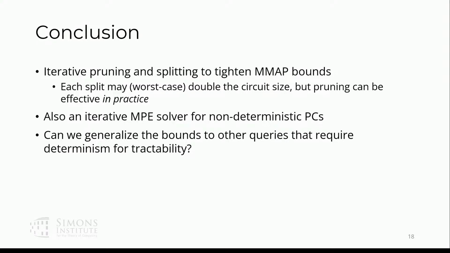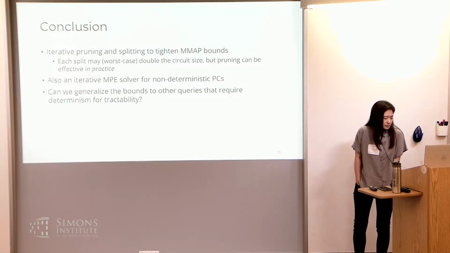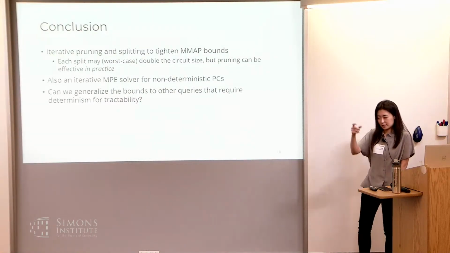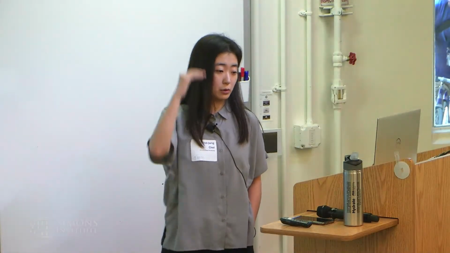Also, going with the recurring theme of the program, can we generalize? Can we give it a semi-ring treatment? Here, I think the one point is that to tighten these bounds, we needed to basically do subtraction to tighten the upper bound going from top to bottom.